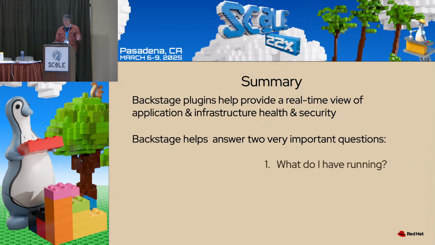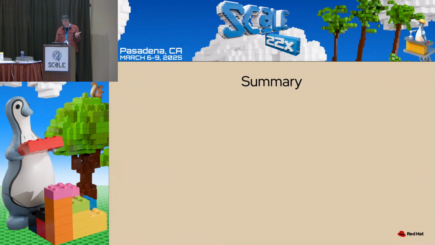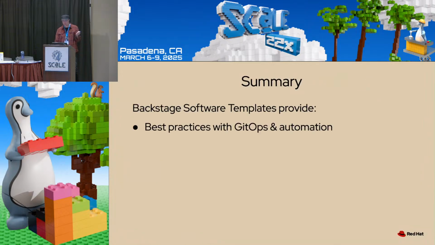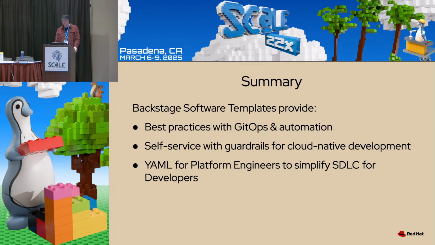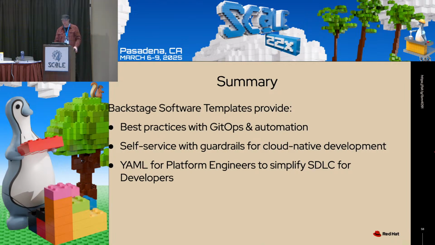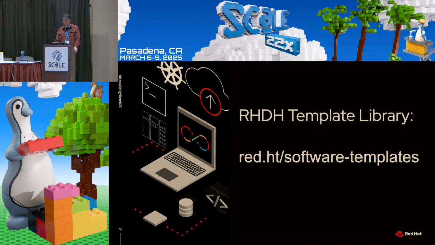Backstage helps answer two very important questions: what am I running and how do I use it? Software templates are going to provide best practices with GitOps and automation, self-service with guardrails for cloud-native dev, and YAML for platform engineers that helps simplify software delivery for your mainline developers.